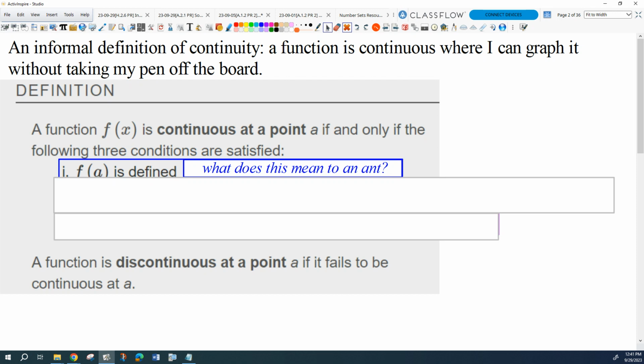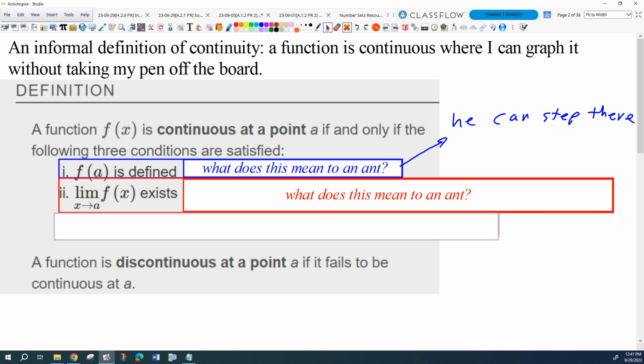Yeah, he can step there. He has a place to stand, right? Right, he can step at x equals A. There's firm ground for him or her.